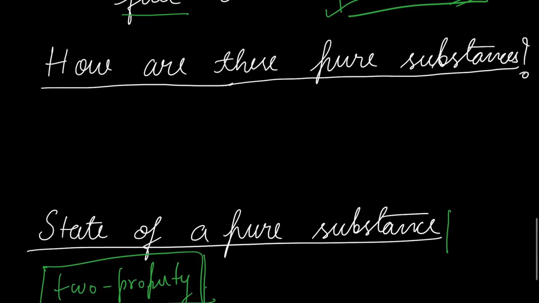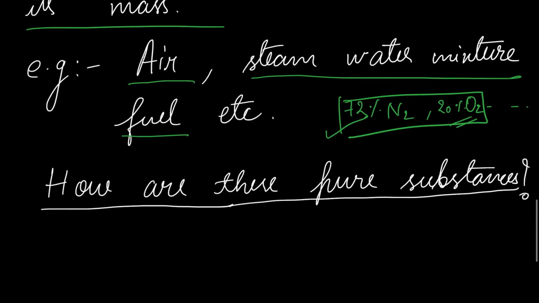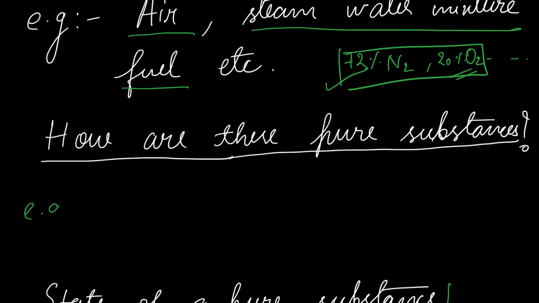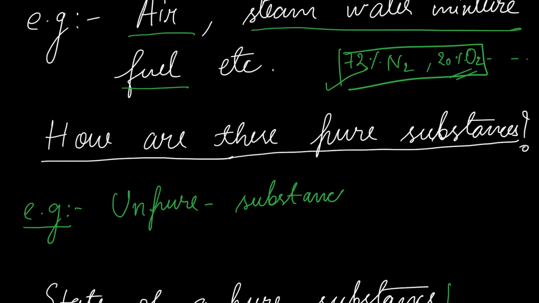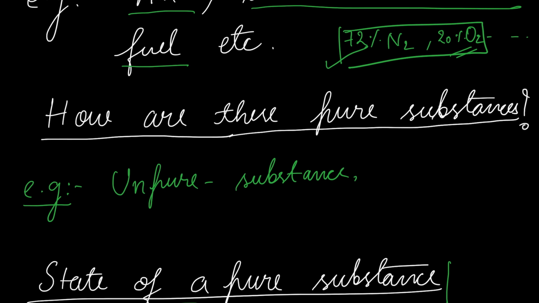Something which I left for the last is how these are pure substances. So we know these are pure substances because they are homogeneous and have the same chemical composition. Now, what are impure substances? Did we give an example of an impure substance? If we're calling air and water mixture pure, what is an impure substance? An example is air and liquid air.